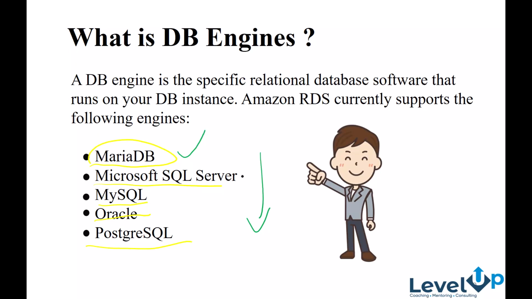Similarly, if you want to integrate with MySQL, Oracle or Postgres, you can integrate with any of these engines. So the AWS RDS service supports all these engines, and there is also one more engine called Amazon Aurora, which is a database engine of AWS.